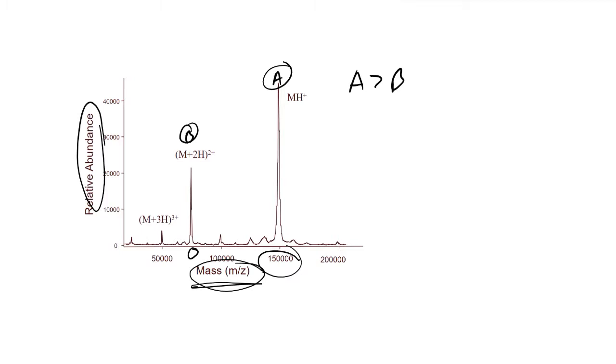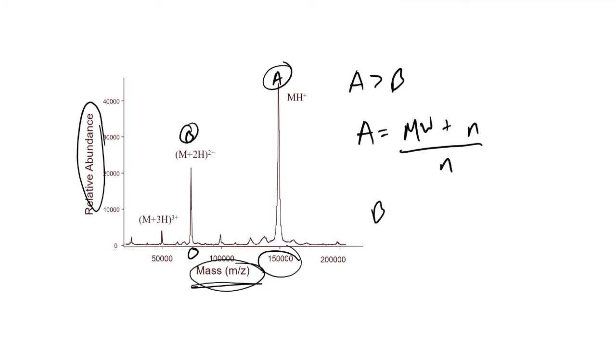What we're going to do is set up two equations to determine the molecular weight of this compound, as well as the number of protons or electrons that were added or removed, respectively, from the molecule. I'm going to let A be equal to the molecular weight of our compound plus n protons that were added to it, divided by n.